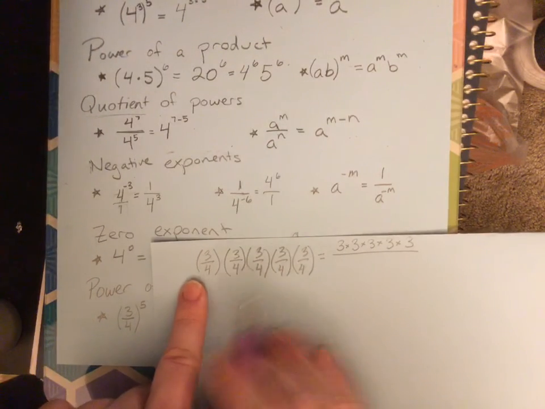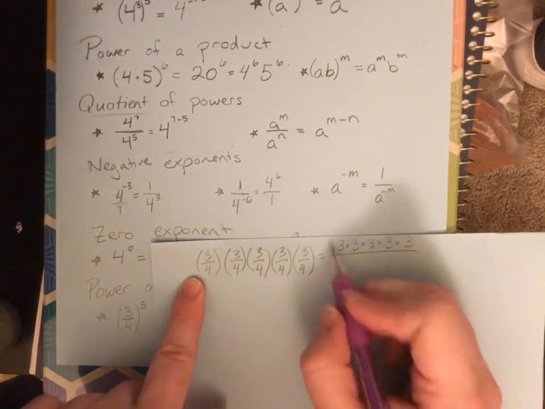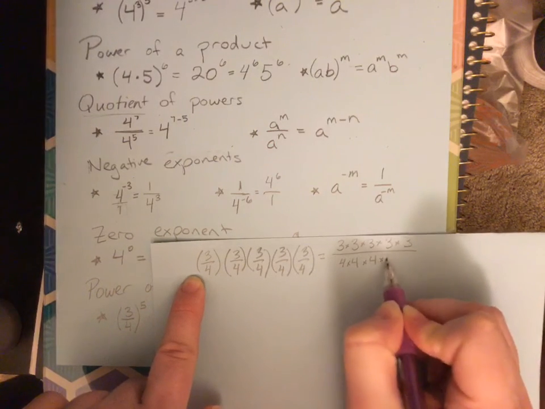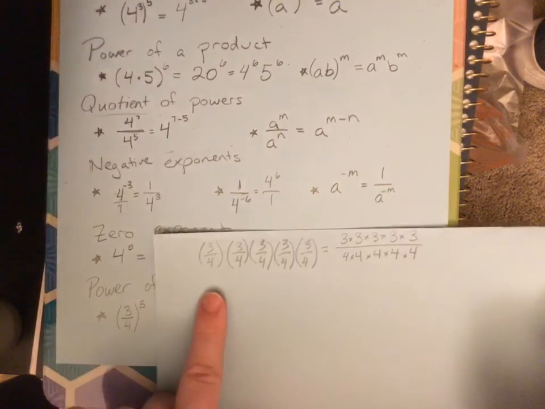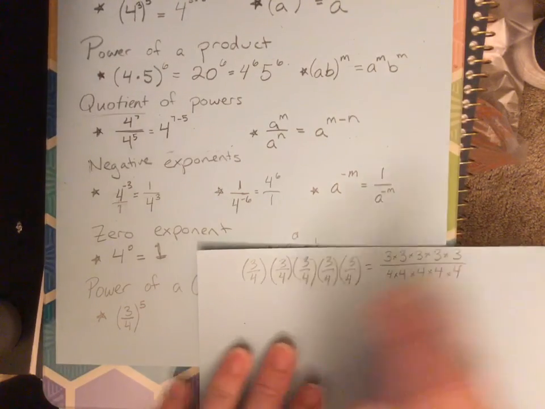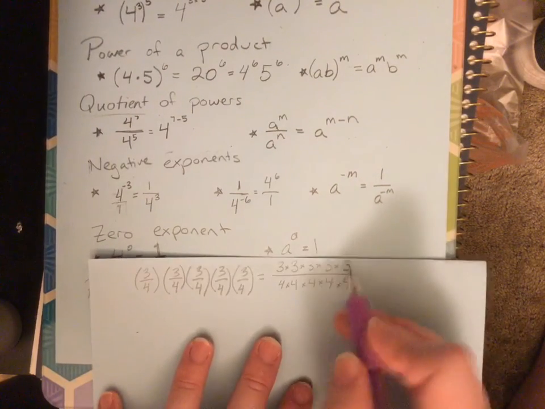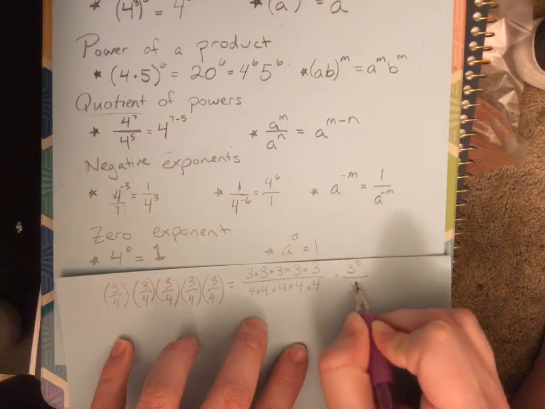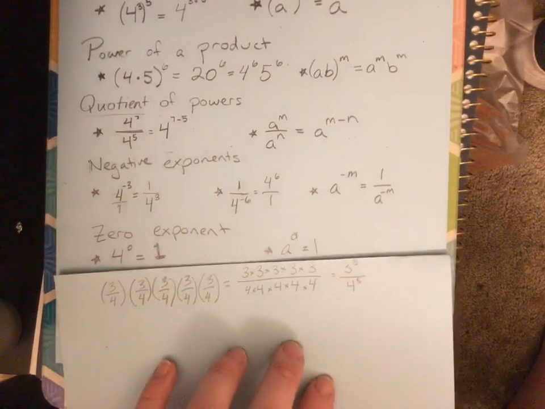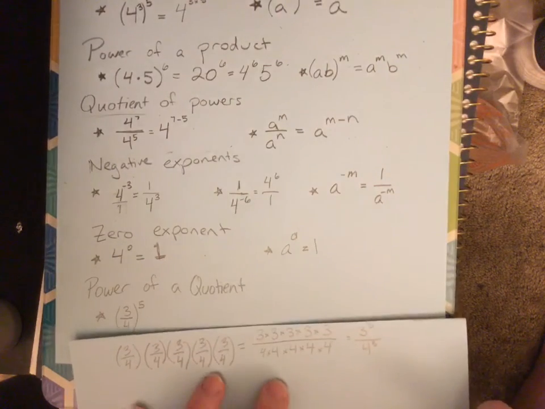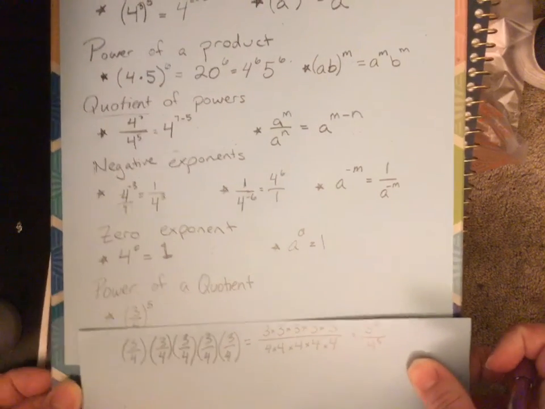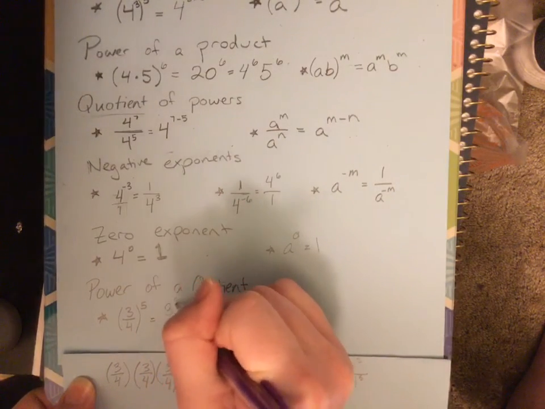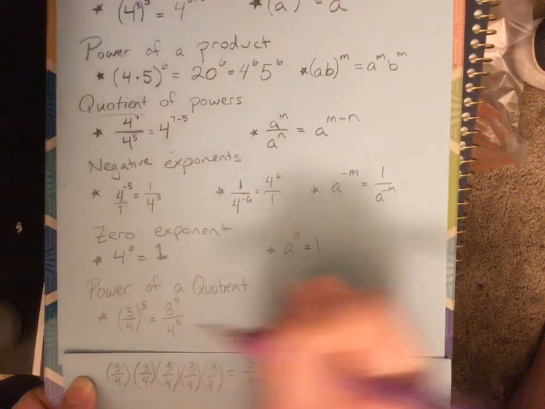And on the bottom, I've got 4 multiplied by itself how many times? 5. So another way I can write this is 3 to the 5th power over 4 to the 5th power. And that's how we're going to break this up to get the power of a quotient.